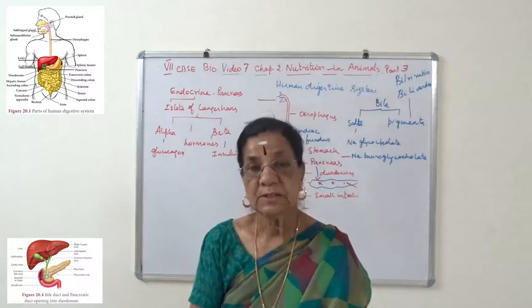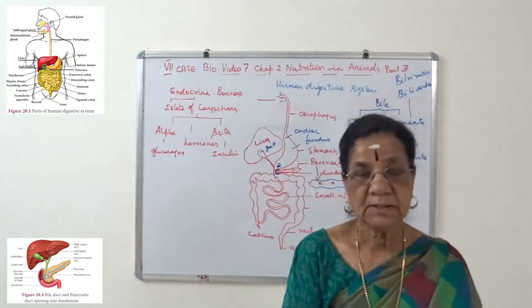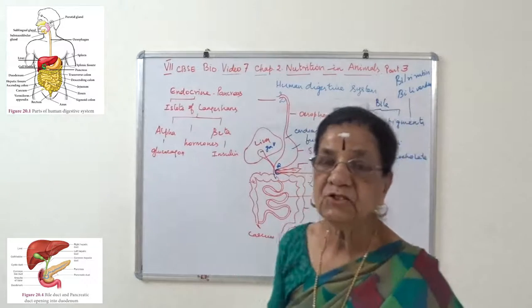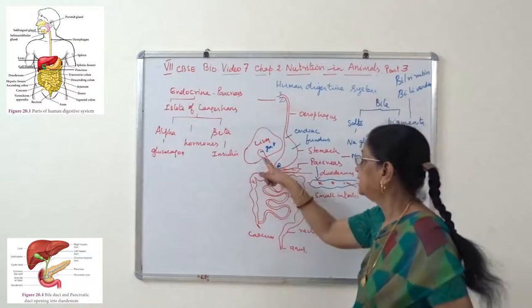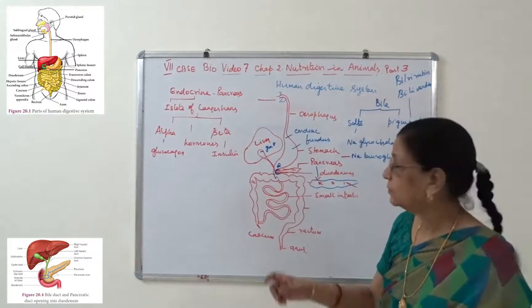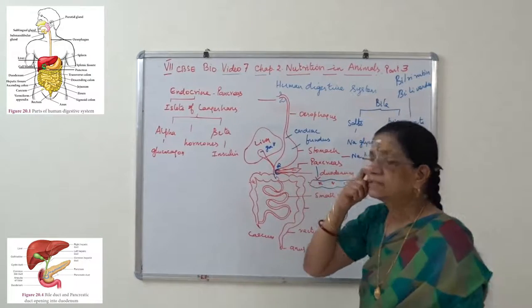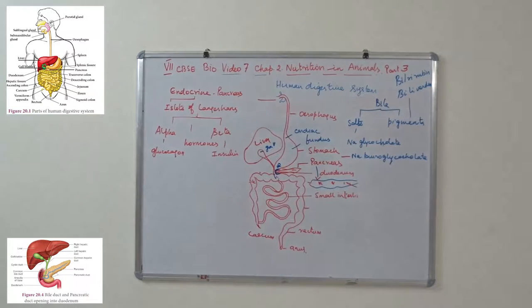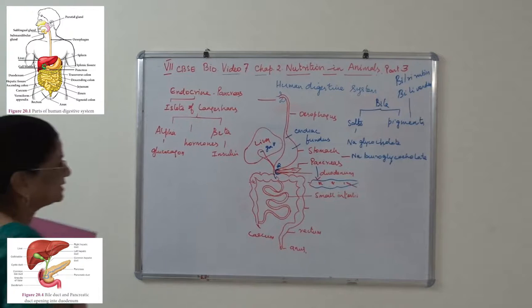This bile secreted by the liver is temporarily stored in a balloon-like structure called the gallbladder. The gallbladder is continued as the bile duct.